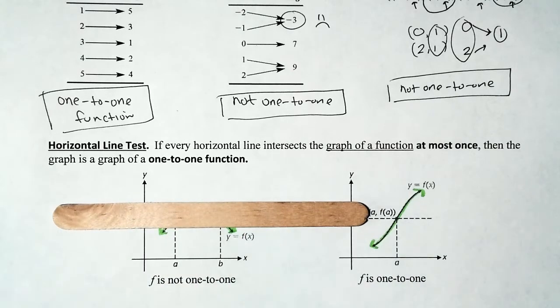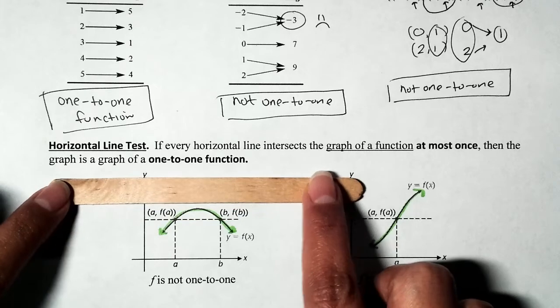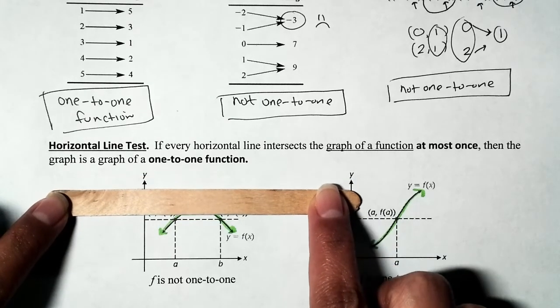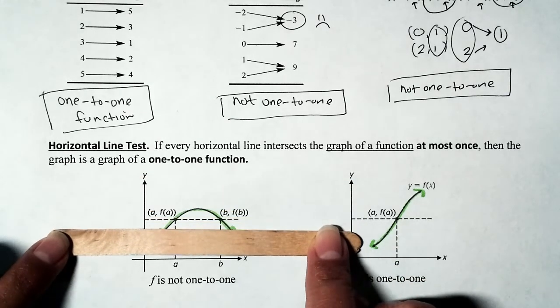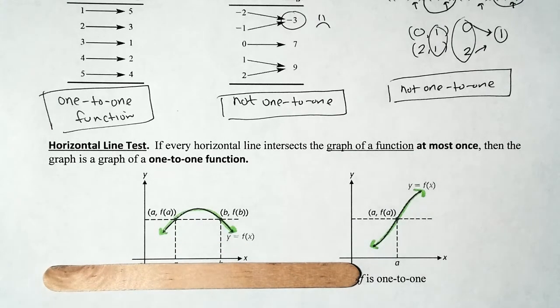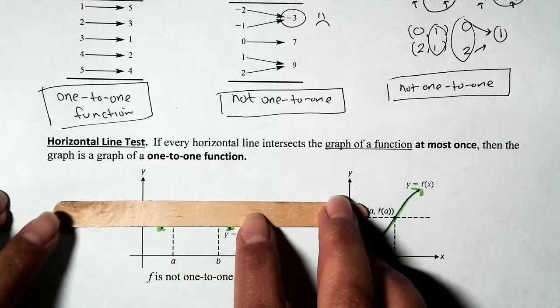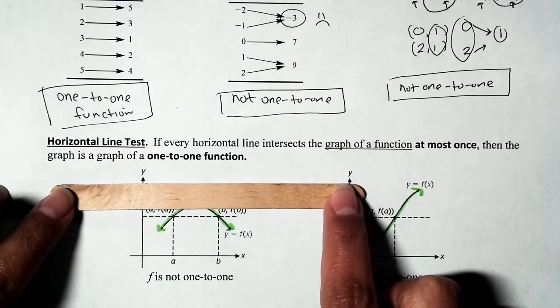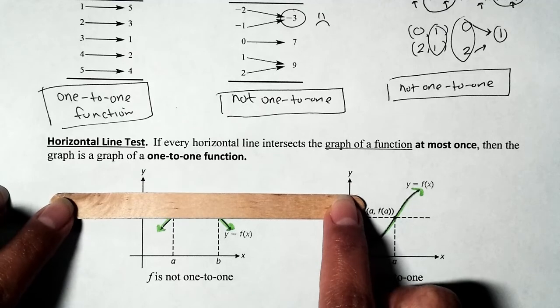The horizontal line test says this: we take the horizontal line and slide it down or up if you want, and make sure that it doesn't touch the graph in more than one place at any given time. And if it doesn't, then that graph is the graph of a one-to-one function. I think that was too many words. Sorry about that.